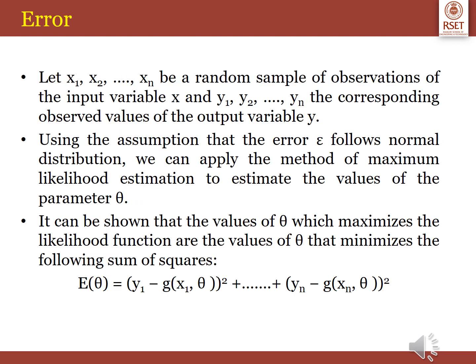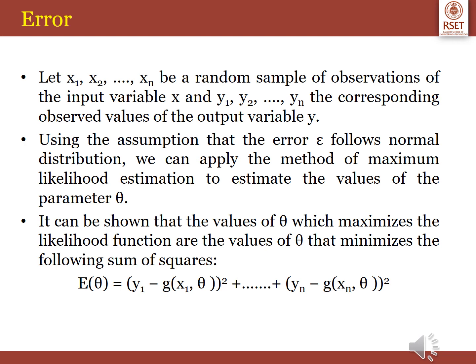Let x1, x2, etc. to xn be a random sample of observations of the input variable x, and y1, y2, etc. to yn the corresponding observed values of the output variable y. Using the assumption that the error epsilon follows a normal distribution, we can apply the method of maximum likelihood estimation to estimate the values of parameter theta.